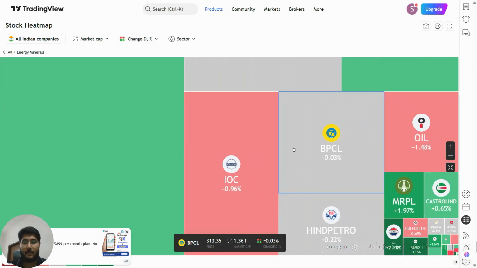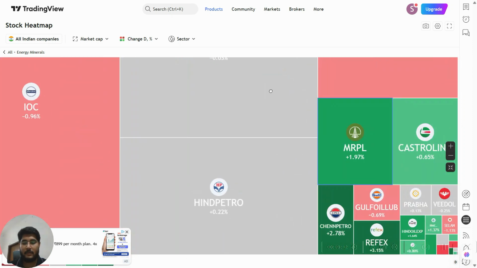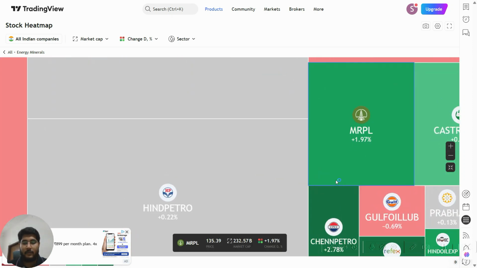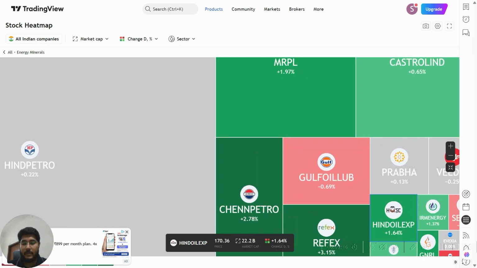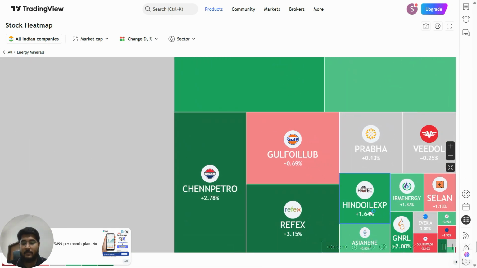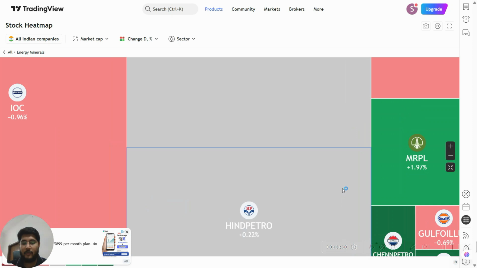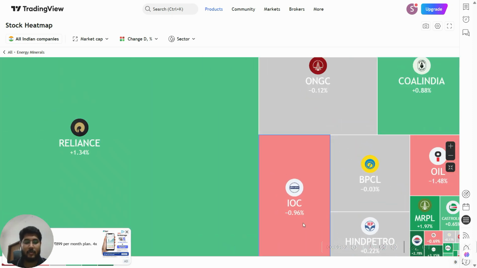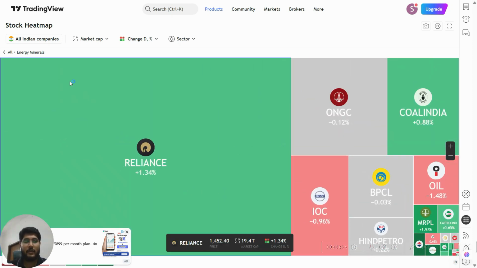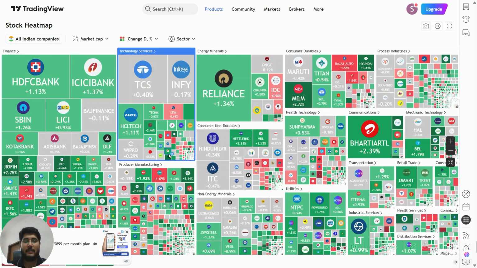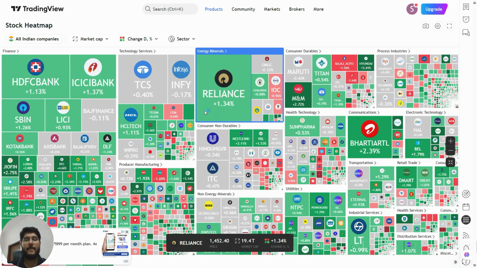So if we go up, for example, Chennai Petroleum and all these stocks have moved a bit, right? IOC has also moved, Reliance has also moved. So you get all the information in a visually captivating way in this screen.